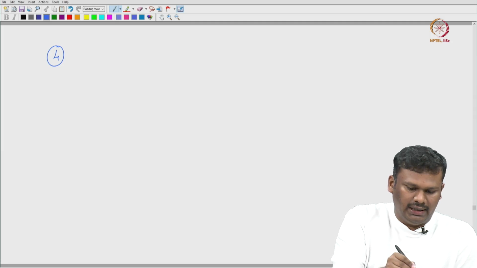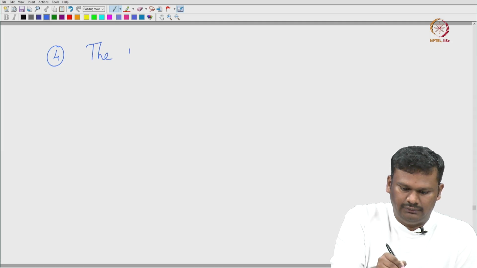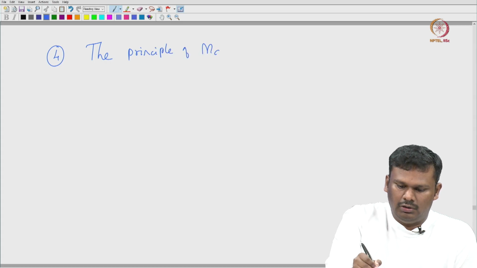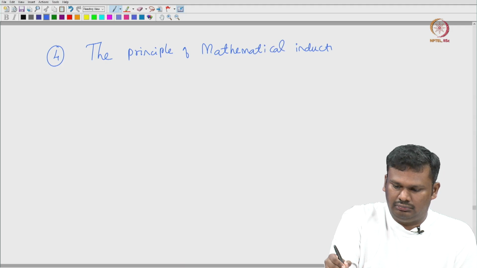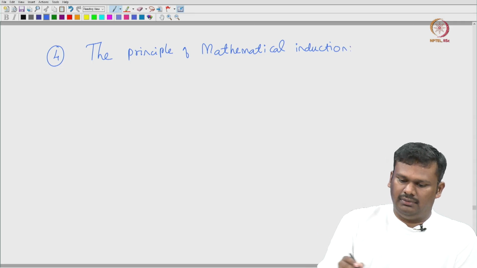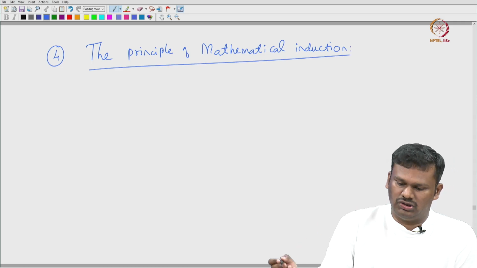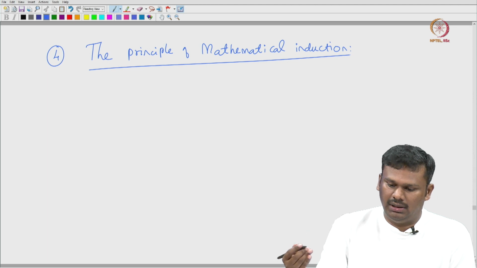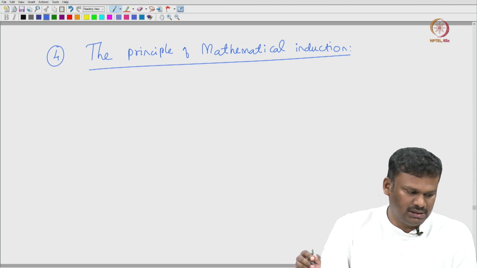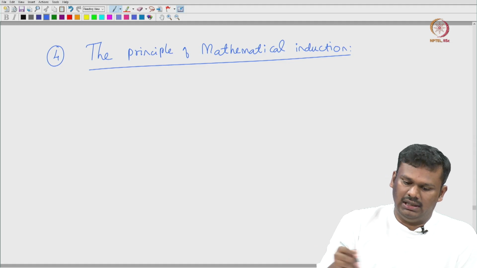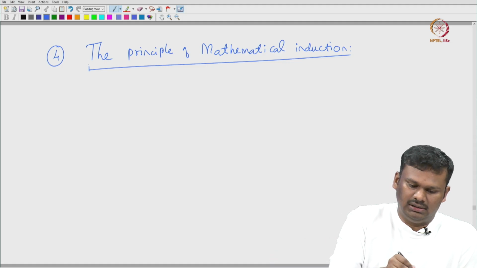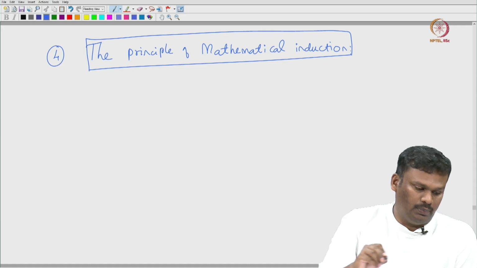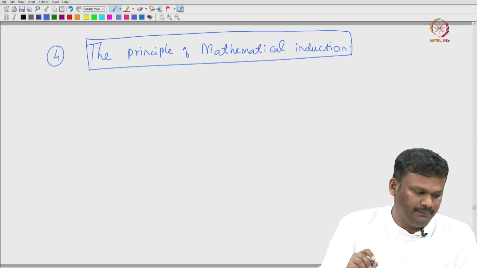Anyway, let me just write down this, the principle of mathematical induction, and this is again the most important property of natural numbers which comes up in many places in mathematics. So, you must have already learned how to use mathematical induction, but let us formulate this properly using basic set theory.